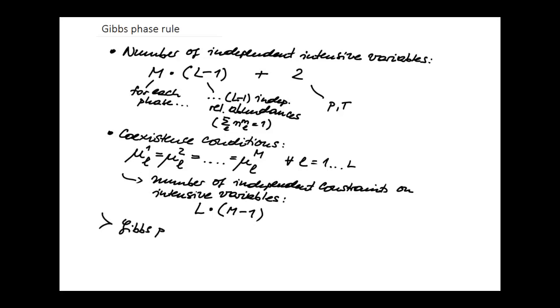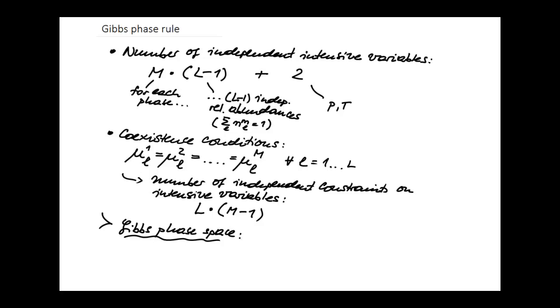And then the Gibbs phase rule says, if we look at the number of independent intensive variables that we have, that's the formula given above in the first line, and we subtract from that the number of coexistence conditions, the number of constraints that we have on the intensive variables, this difference is the dimension of the coexistence manifold.